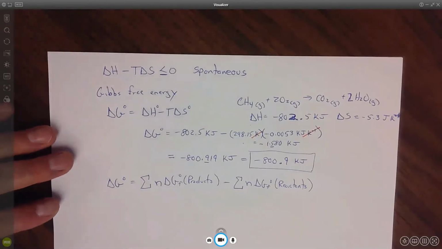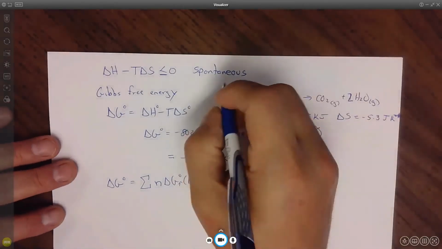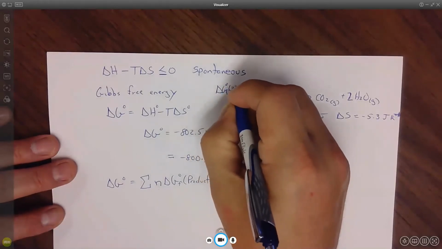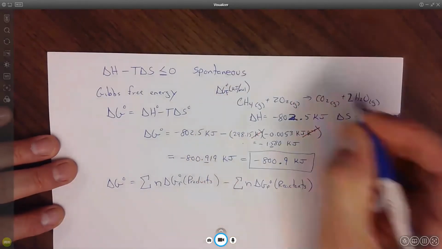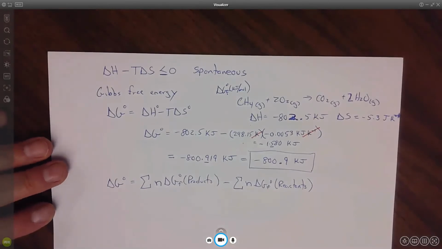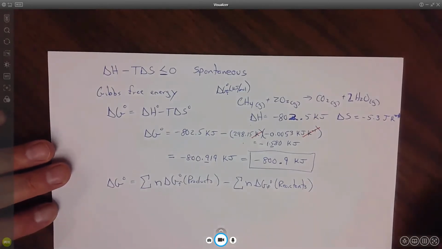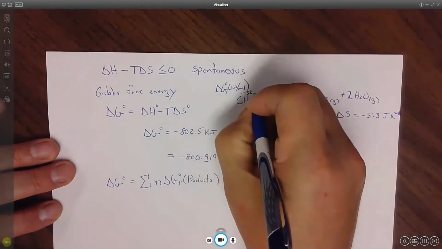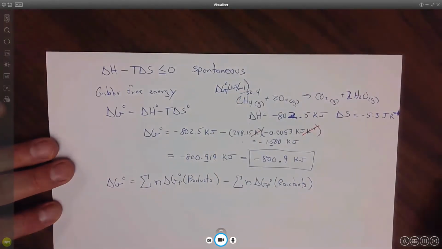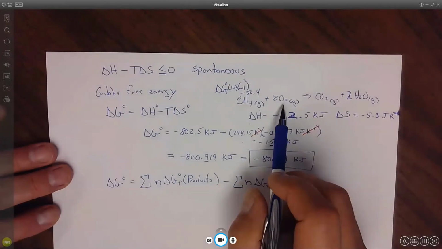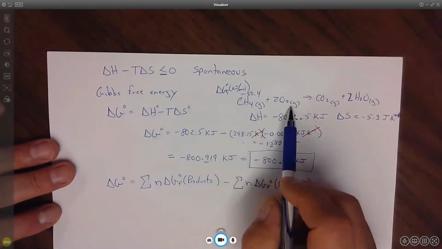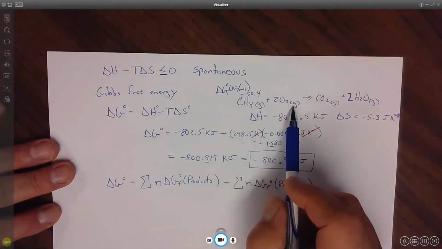So just as we did before, we're going to look up the free energies of formation, which will be in kilojoules per mole, in the tables of chemical data or the appendix of your book. And the free energy of formation of methane is negative 50.4. Now, just like the enthalpies, the free energies of formation of the elements in their standard state are going to be zero.